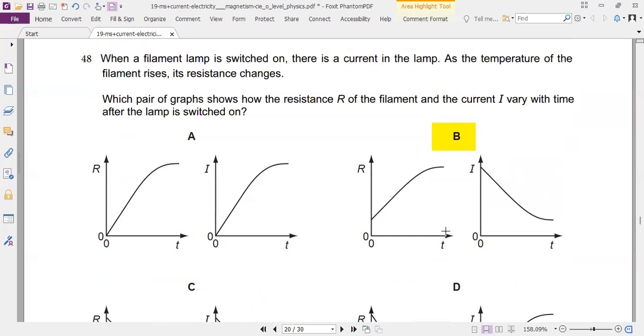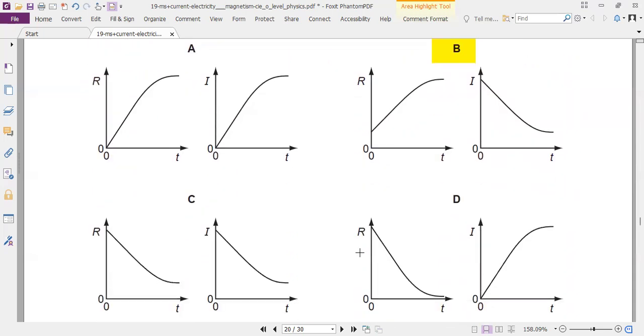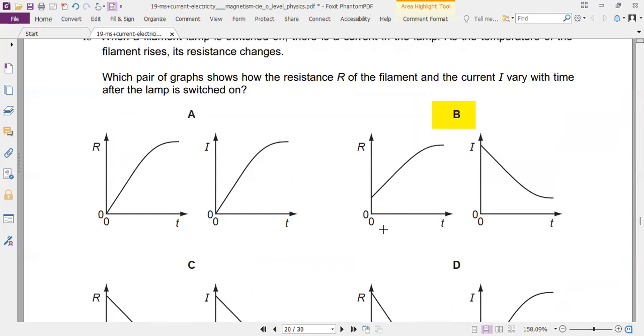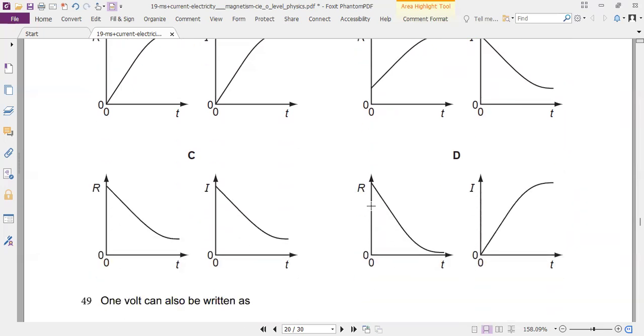But if you look at the wording, it says as the temperature rises. When the temperature rises, resistances do not decrease, they tend to increase, number one. And number two, it says resistance here starting from some point, not zero. But here we see resistance starting to decrease and coming all the way almost to zero. That is very, very strange. That's why.